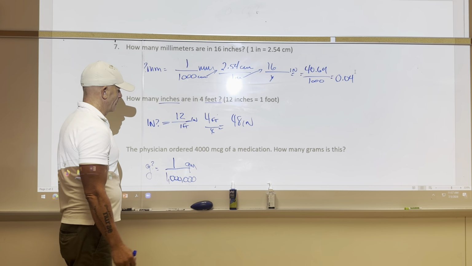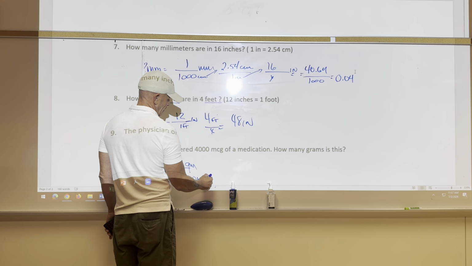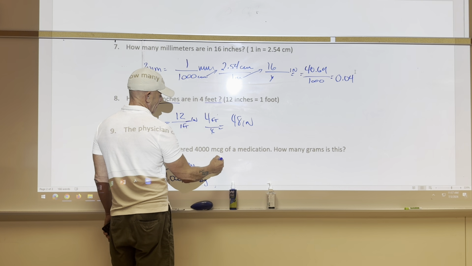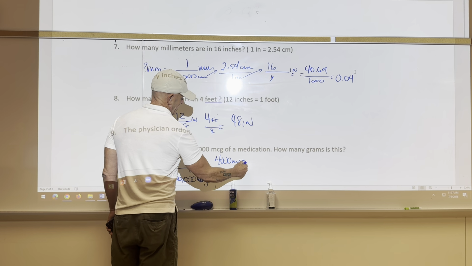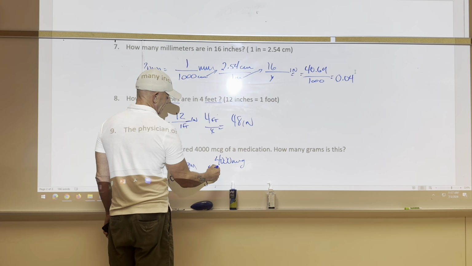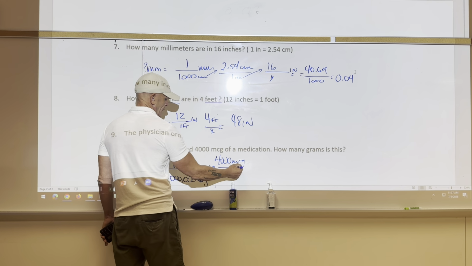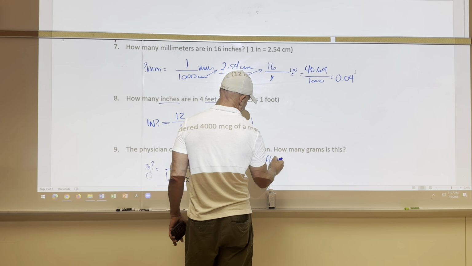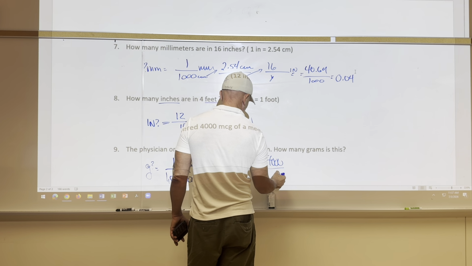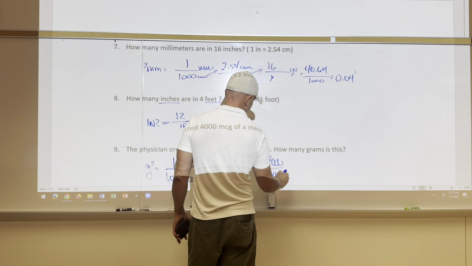Micrograms. Times 4,000 micrograms up here on the top, because whatever's here goes up here, 1 over X, that gives you 4,000 divided by 1 million.